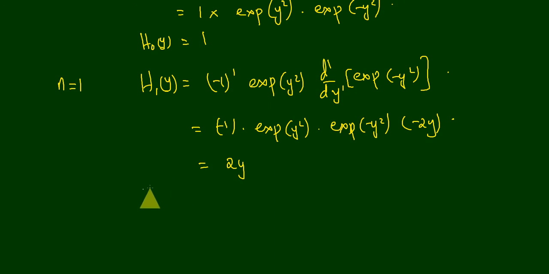In terms of x, that is 2 into y, and y is root beta into x, so H1 is 2 root beta into x. Now we can calculate for n equal to 2.